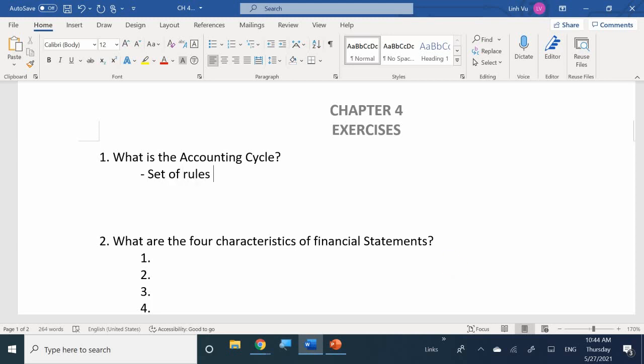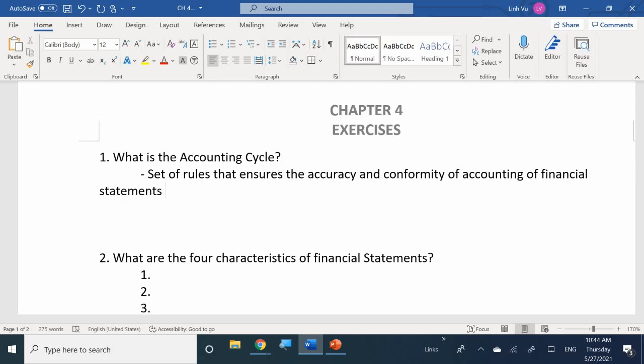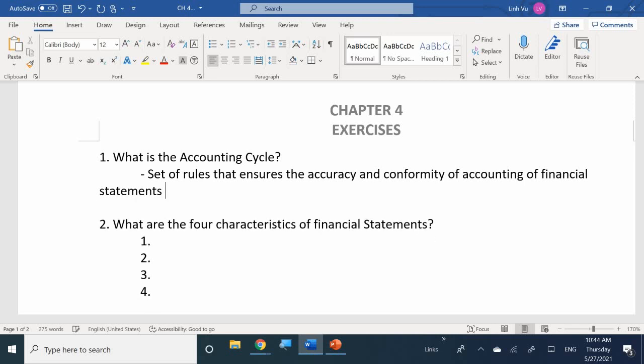Set of rules that ensures the accuracy and conformity of accounting. The accuracy of financial statements? Okay, there you go. Good. So once again, this is important that you know because this is what we're going to be revolving this whole course around, which is completing the accounting cycle.